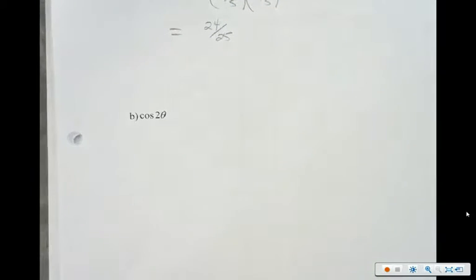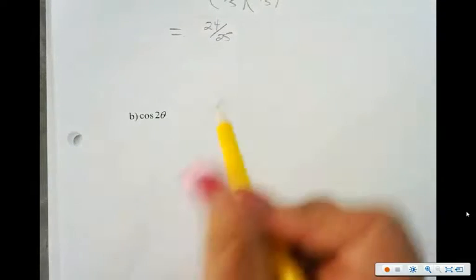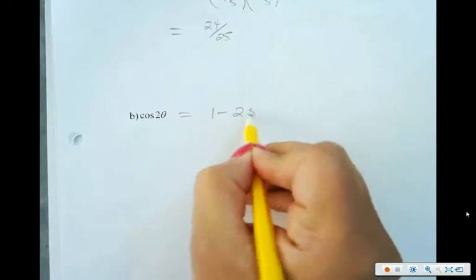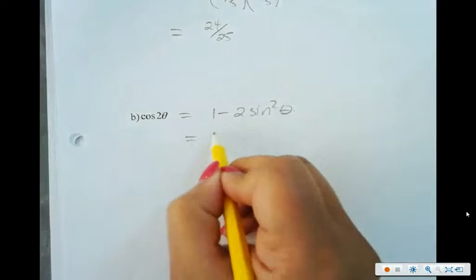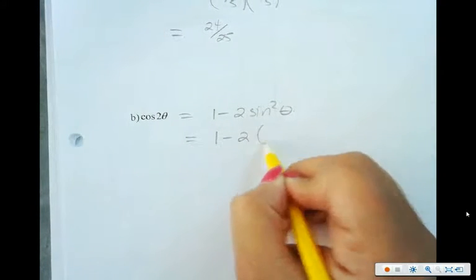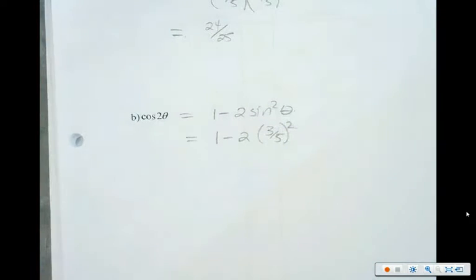Cos 2 theta. All right, so which identity are we going to use? Use the first one. If we use this one, I don't really have to figure anything out much, right? I can just use what I'm given, and then I've got 3 over 5, and I can square that.